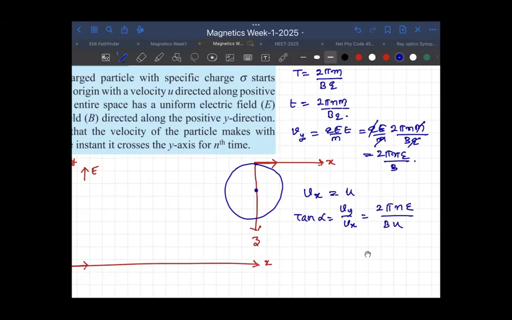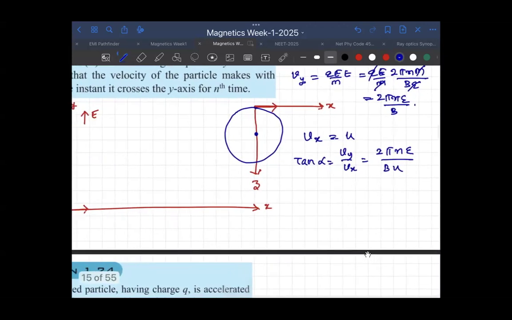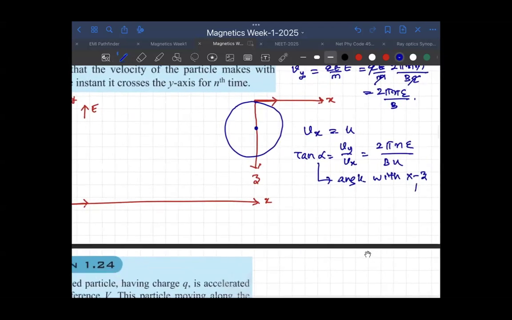So what is this angle? This is the angle made with the xz plane actually. And what is the angle with the y-axis?